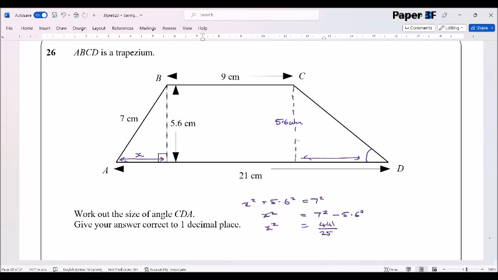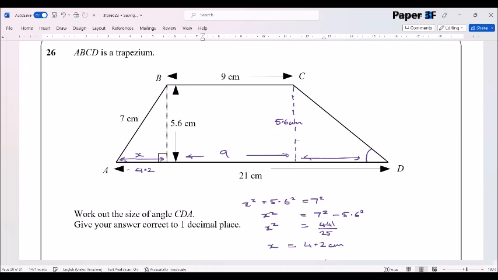So x is 4.2 centimeters. Now, if that's 4.2, that gives us an idea of where we're going here. We know that that is 9 there, and we know that that is 4.2 now.